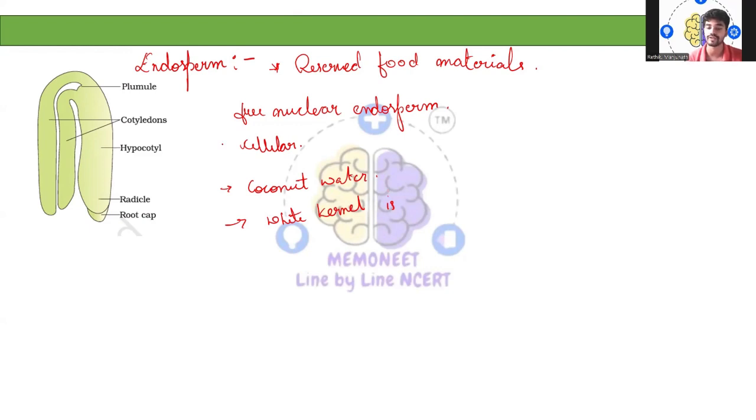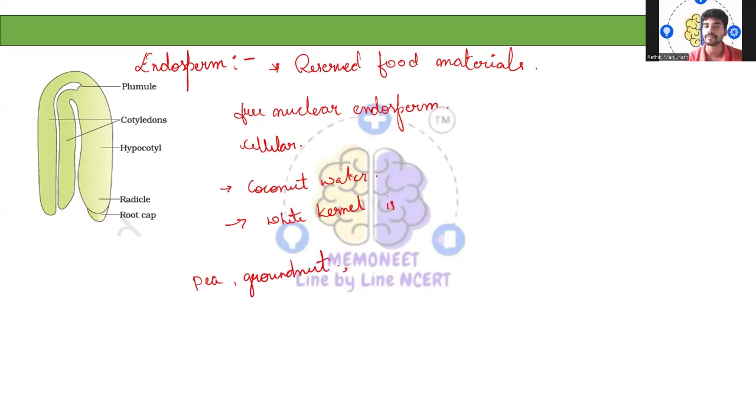For example, neither of them might completely consume the endosperm, such as in examples like pea or groundnut or beans.